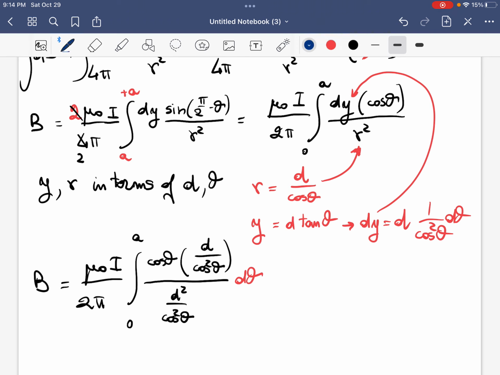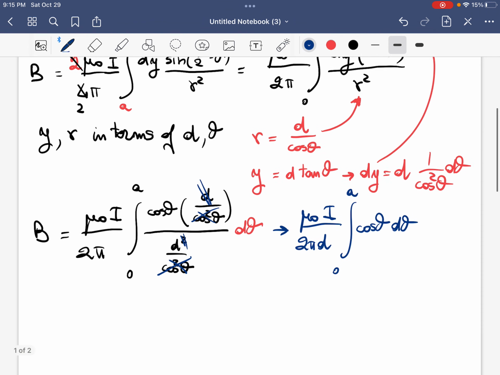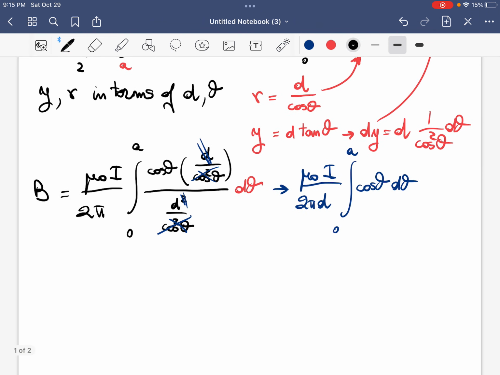I can cancel cosine squared. I can even cancel d, and I obtain mu 0 I divided by 2 pi d integral between 0 and A of cos theta d theta. Now the integral of cos theta is the sine theta, so I have that B is equal to mu 0 I divided by 2 pi d sine theta that I want to evaluate between 0 and A.